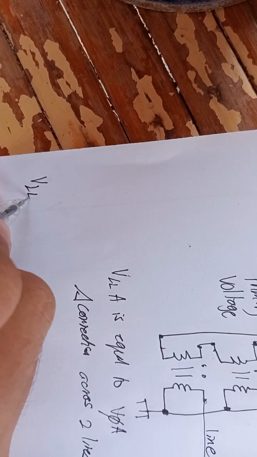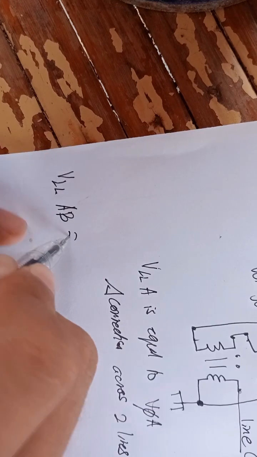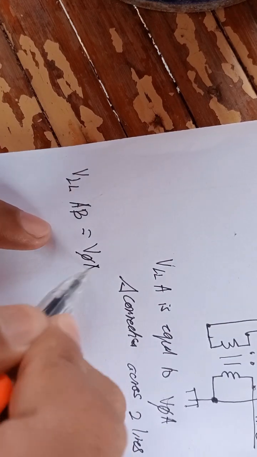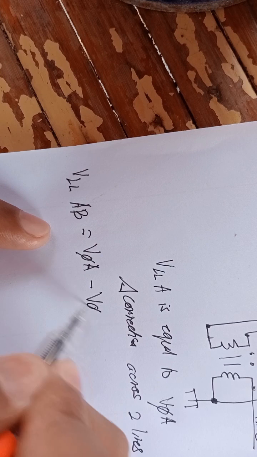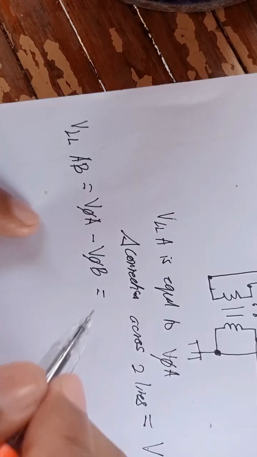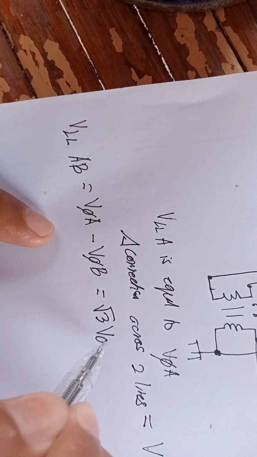So simply, our line-to-line voltage AB is equal to phase voltage A minus phase voltage B, which is equal to square root of 3 times phase voltage.